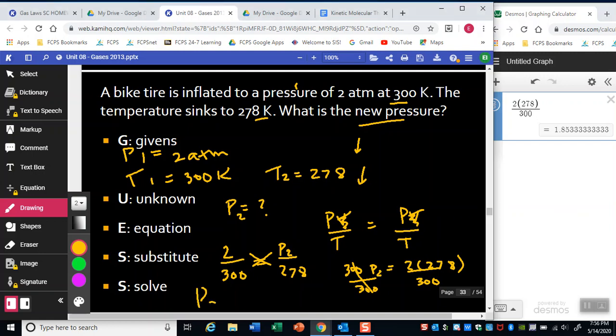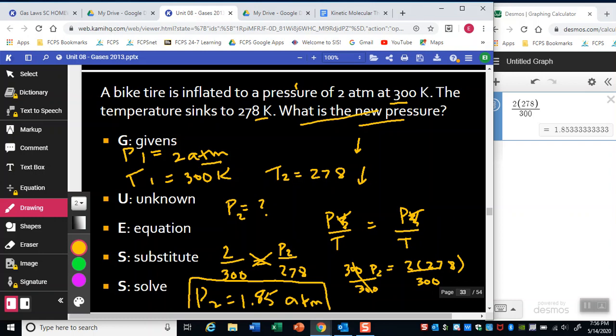So my new pressure is 1.85. And then look at my units. In my equation, I don't put the units, but it's very important at the end to write the units. And so I've got atmospheres, and this is my final answer.